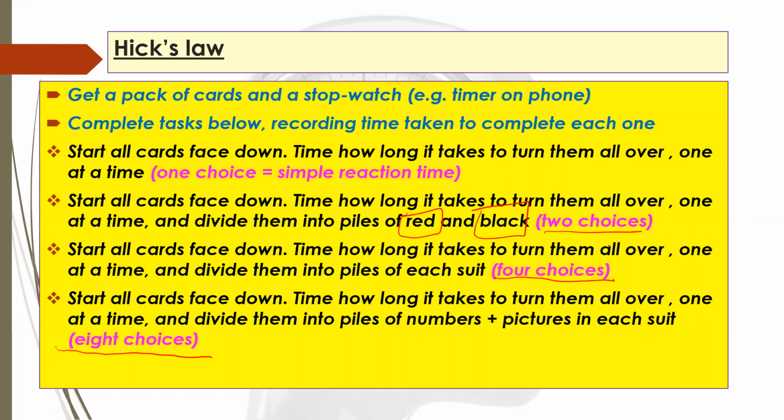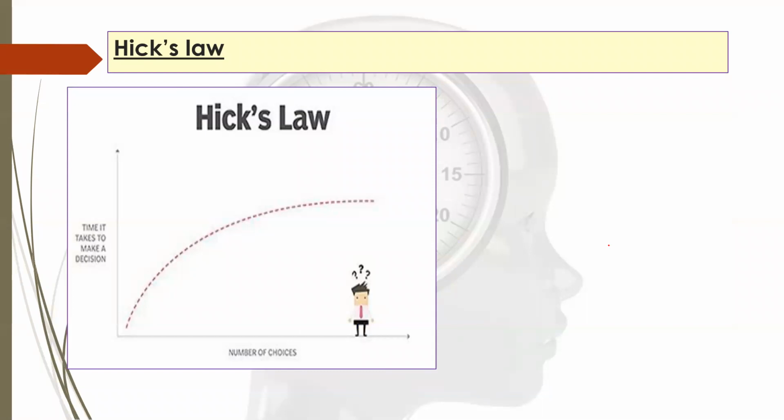And if you timed yourself for each one, and then you actually recorded that on a graph, so let's, for example, here, let's say this was 1. Let's say this is 2. Let's say this is 4. And let's say this is 8. On the first one, that's going to be the time.